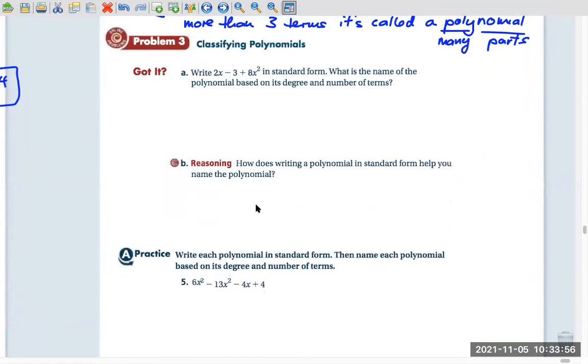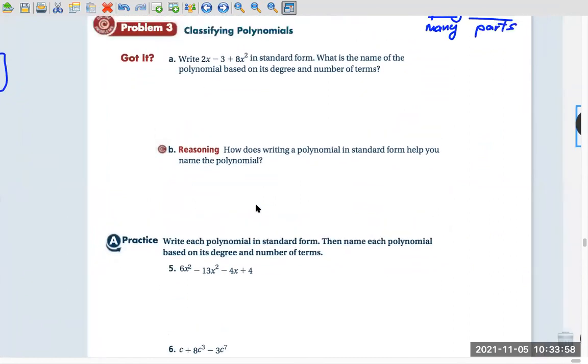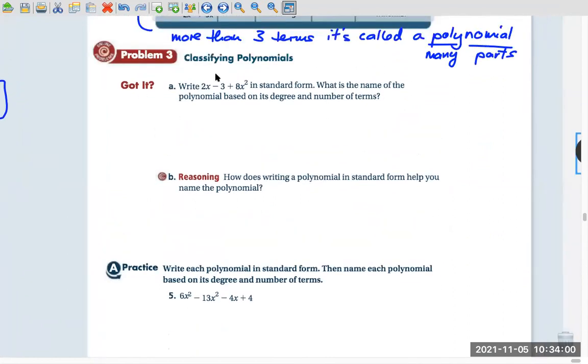641. Let's see, problem 3a, classifying, right? In standard form, what is the name based on its degree and number of terms? So remember, standard form is descending order. So you start with the highest power, which is your 8x squared plus 2x minus 3.